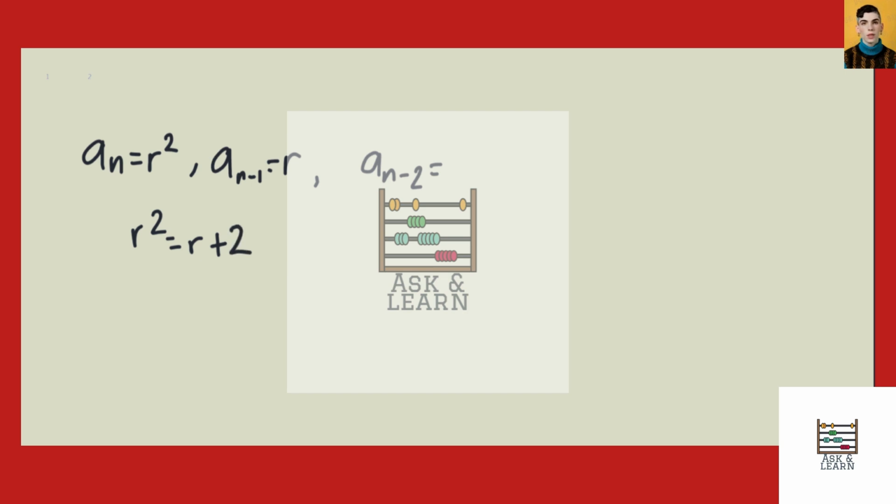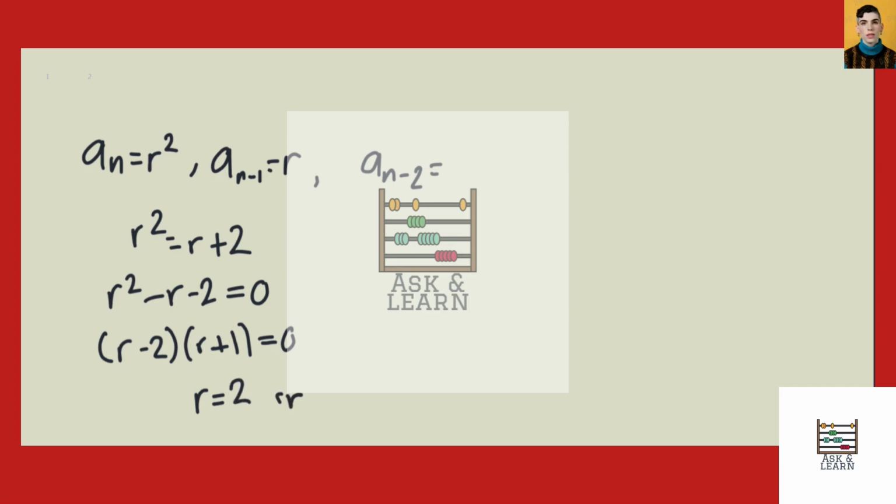So we can subtract r plus 2 from both sides. So we'll get r squared minus r minus 2 is equal to 0. We can factor this, so it's going to be equal to (r minus 2)(r plus 1). So either r is equal to 2 or -1.